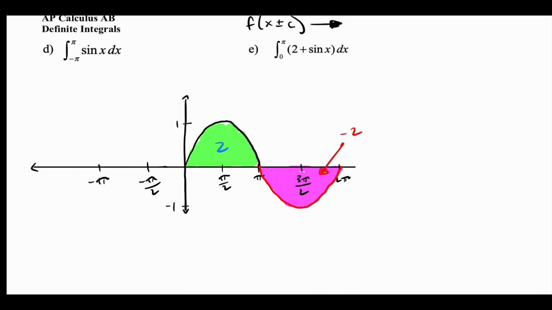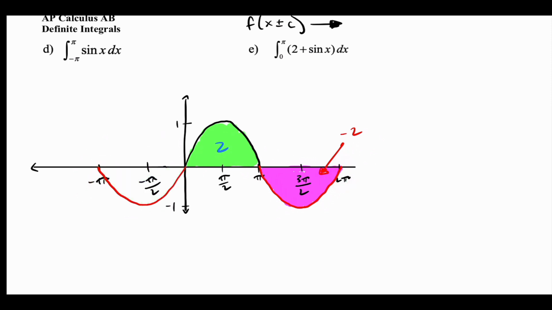So the graph is going to look like that. Because negative angles, negative pi values, are just the opposite direction. So negative pi over 2 is the same value as 3 pi over 2. Negative pi is the same as pi.